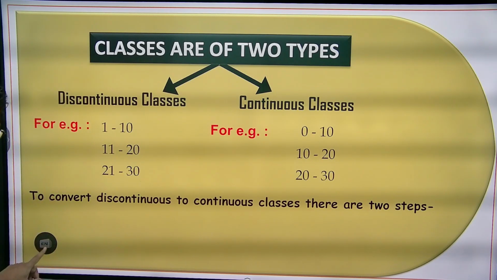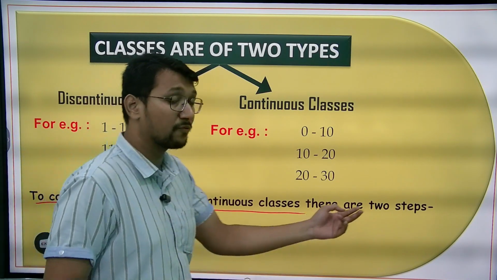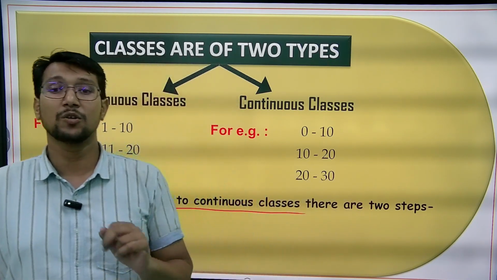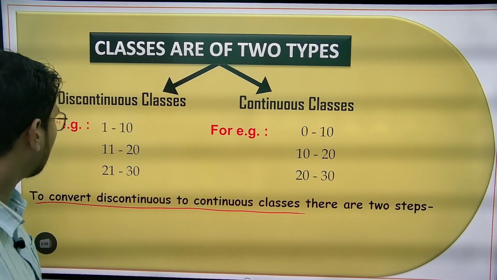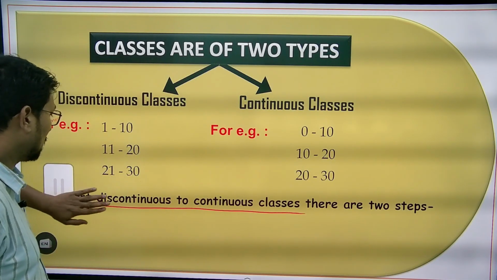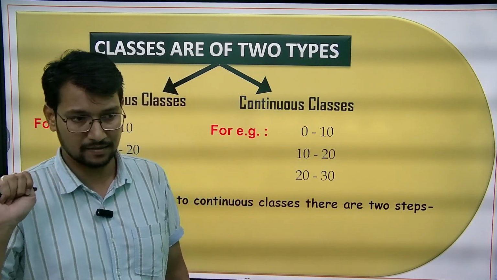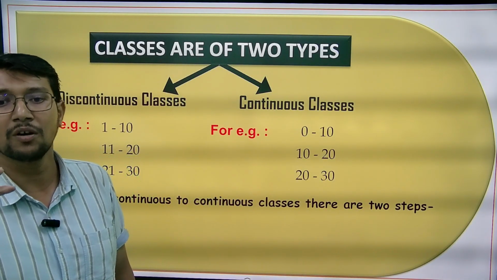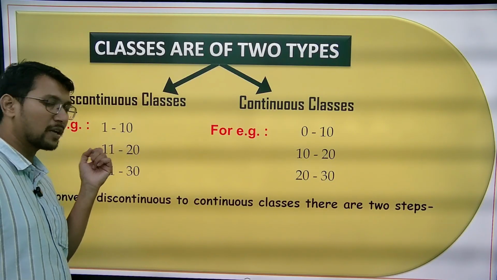To convert discontinuous to continuous classes, there are two steps. ठीक है? First step क्या है बच्चों? We have to take any two consecutive classes, upper class limit and lower class limit.